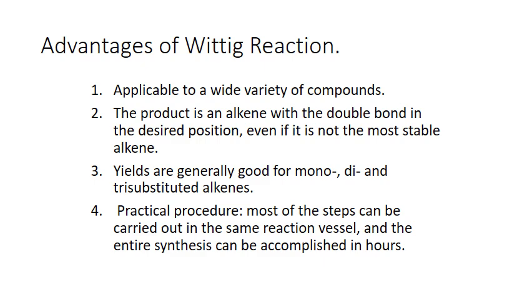The product is an alkene with the double bond in the desired position, even if it is not the most stable alkene. This is a great advantage compared to the E1 method for preparation of alkenes. Yields are generally good for mono-, di-, and tri-substituted alkenes.